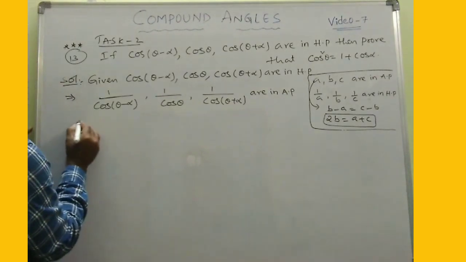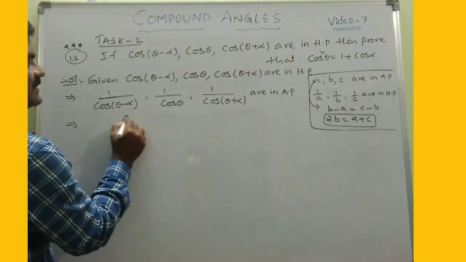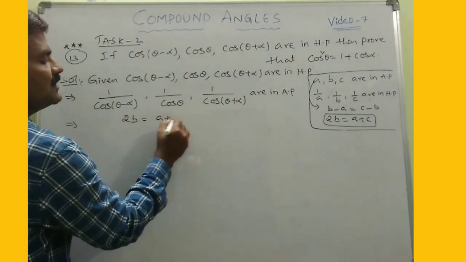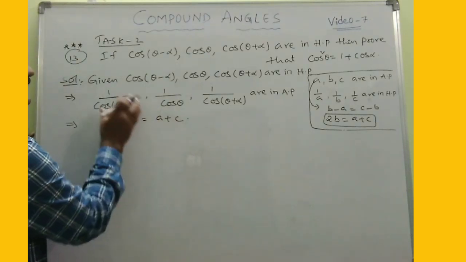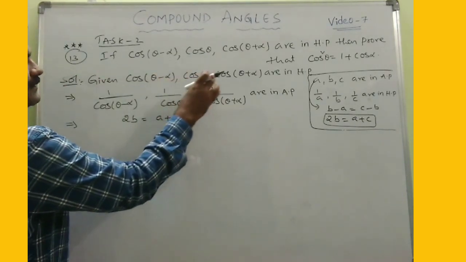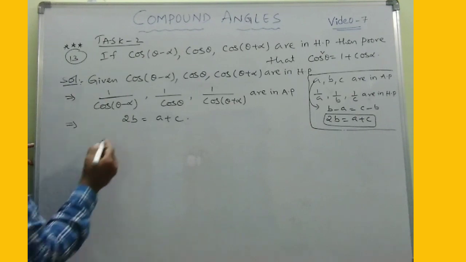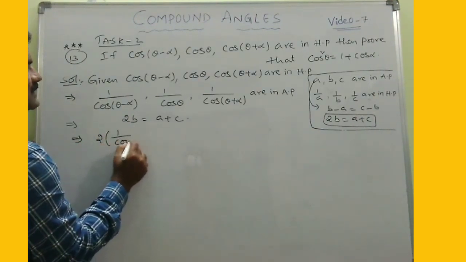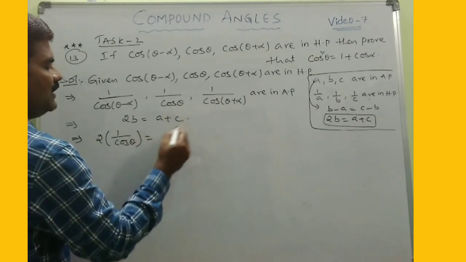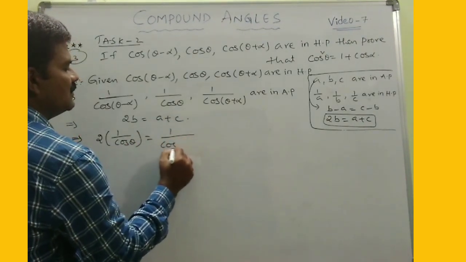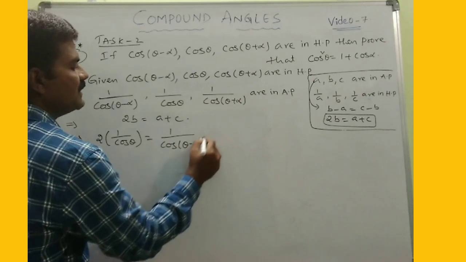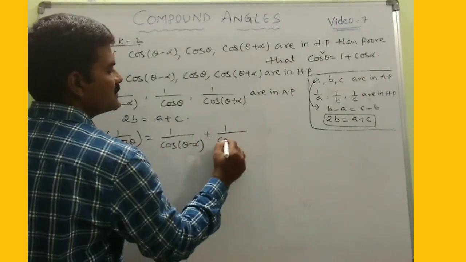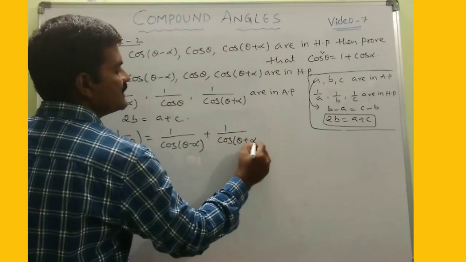These are nothing but A, B, C. So tell me now, 2B means 2 into 1 by cos theta is equal to A plus C, which is 1 by cos of (theta minus alpha) plus 1 by cos of (theta plus alpha).